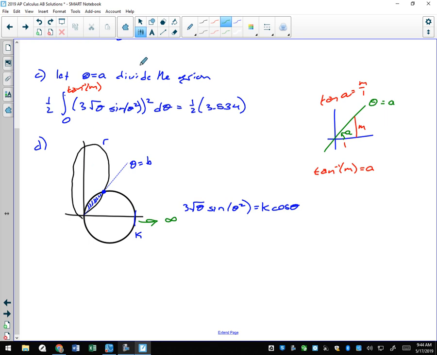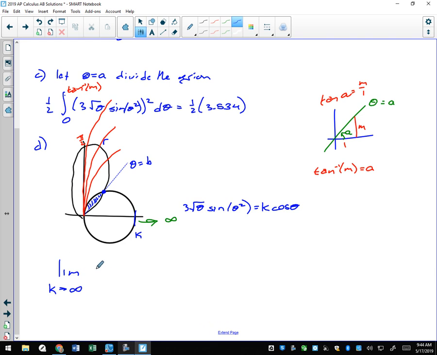As I keep getting bigger circles, it's going to include more and more of this region in the first quadrant, limiting at the angle pi over 2. So as K goes to infinity, the common area will eventually approach just what's in the first quadrant, and so that's going to be the area from 0 to pi over 2. So this ended up being worthless, that work, I was just thinking.